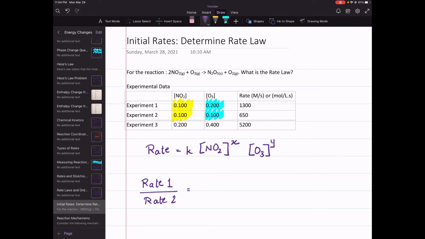So rate 1 is equal to k, concentration of NO2, which is 0.100 to the power of x, square bracket 0.200 to the power of y, divided by rate 2, which is again k, square bracket 0.100 to the power of x times 0.100 to the power of y.